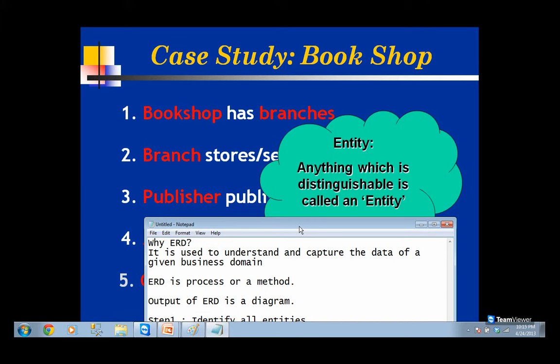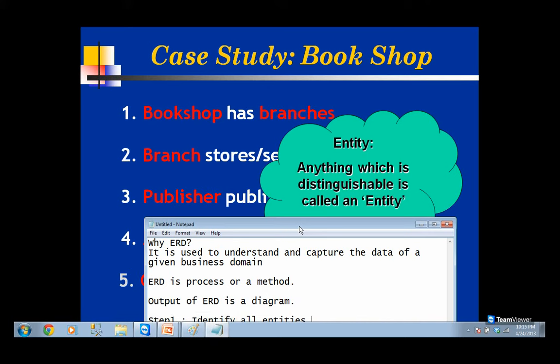Okay, hero, heroine, comedian, villain, patient. Marriage is different than the birthday party, or birthday party is different than some marriage party. Like that, marriage is one entity, interview is another entity, because interview is different than the birthday party. Birthday party is a different entity. Entity means which is unique and which is distinguishable.